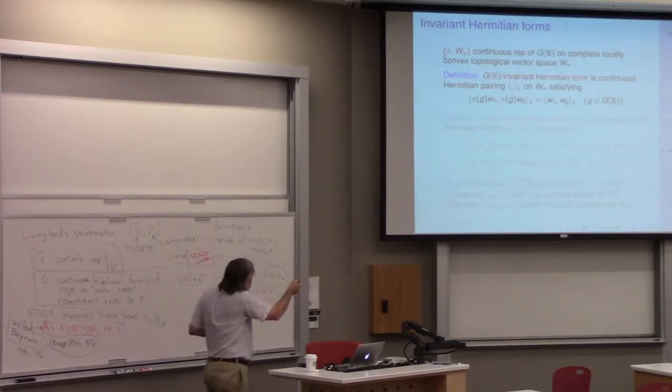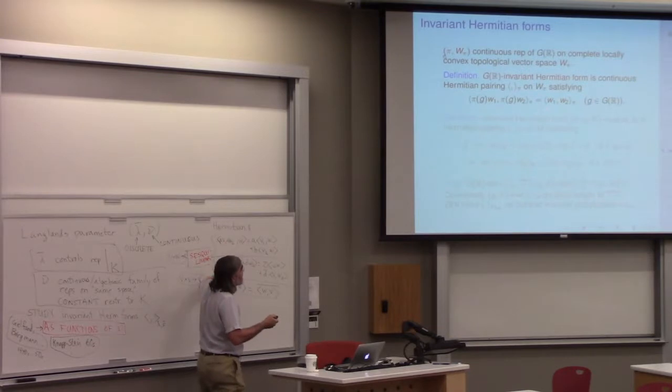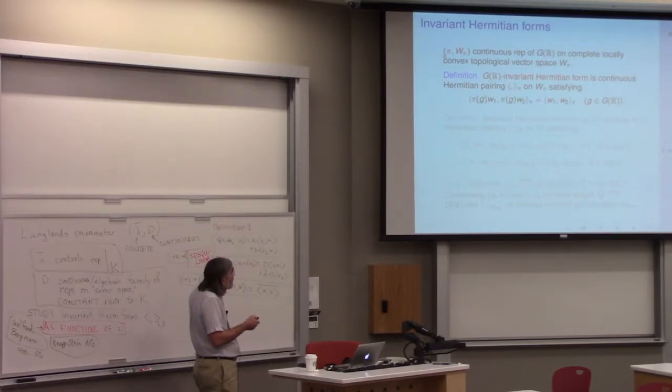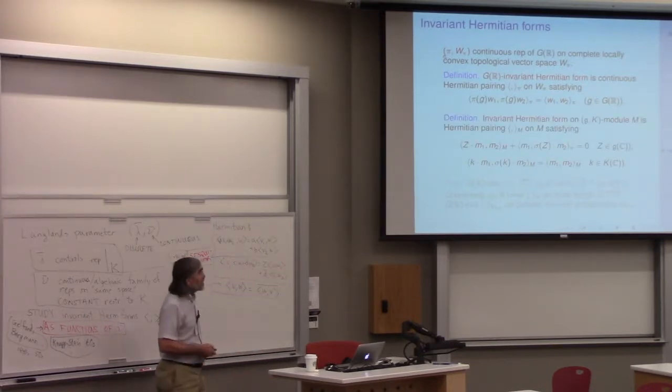So that's the definition of the Hermitian part. When there's a group in the picture, you want to require that the pairing should be preserved by the group action, so this condition. That's the representation version.